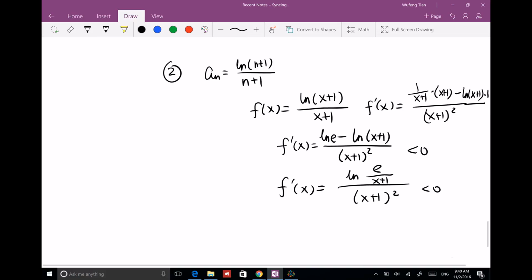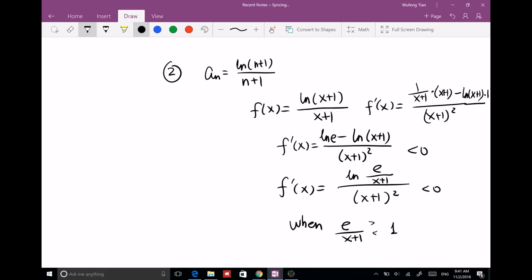The ln function is negative when e over (x plus 1) is bigger than 1 or less than 1. Bigger than 1 or less than 1? Because if it equals 1, it is 0.